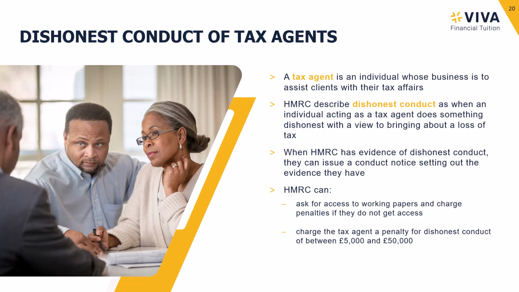In addition to that, they can charge the tax agent a penalty for their dishonest conduct, and that penalty can be anything between £5,000 and £50,000. As well as that, they're able to publish details of the tax agent themselves if they are charged a penalty for dishonest conduct and that penalty is more than £5,000. So significant deterrence there for tax agents in relation to any dishonest conduct.